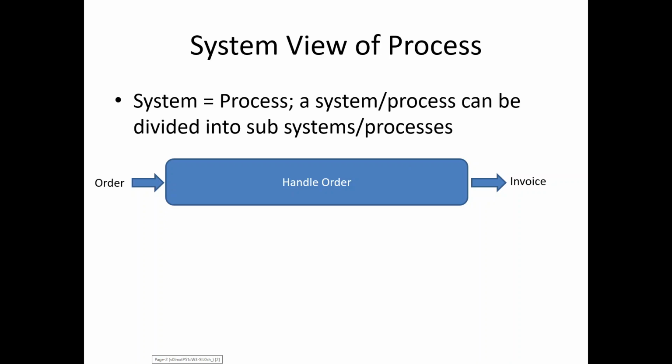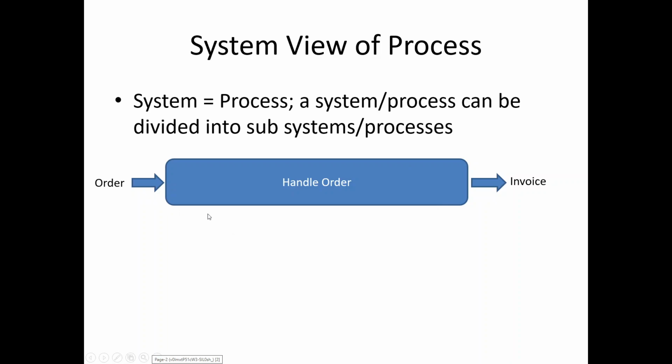In systems analysis and design, we treat the system and the process interchangeably. That is, a system could be considered a process, and a process is a system. Just like a system, a process could be divided into sub-processes. Here's an example. We have a process called handle order.